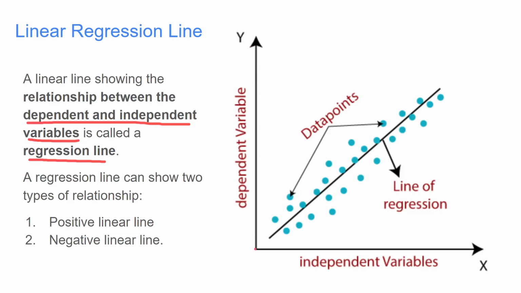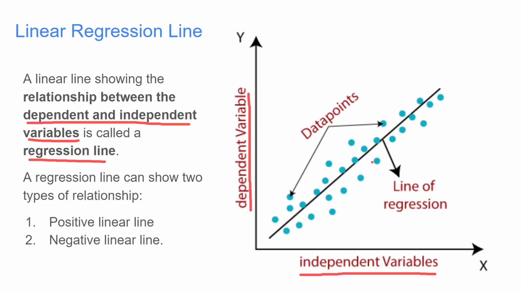Here the x-axis and y-axis are there. The x-axis has the independent variables and the y-axis has the dependent variables. In that there is one line called a regression line. This is called a line of regression or regression line.